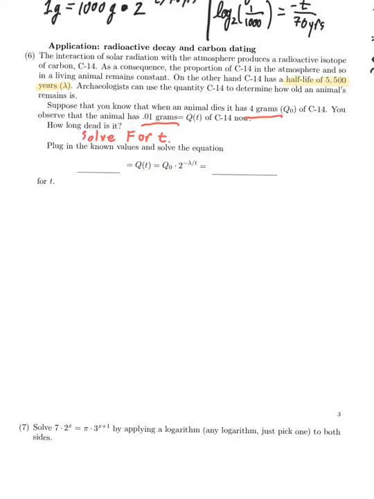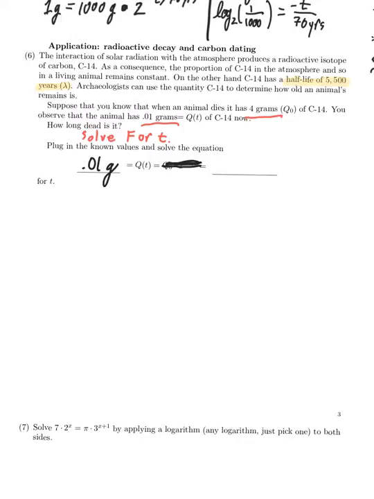The amount that's in the animal when you dig it up, that's Q of t, the quantity at the time now, is 0.01 grams. 0.01 grams is equal to Q of t. That's the same as Q0 times 2 to the negative t over lambda. Well, there's a goof there.